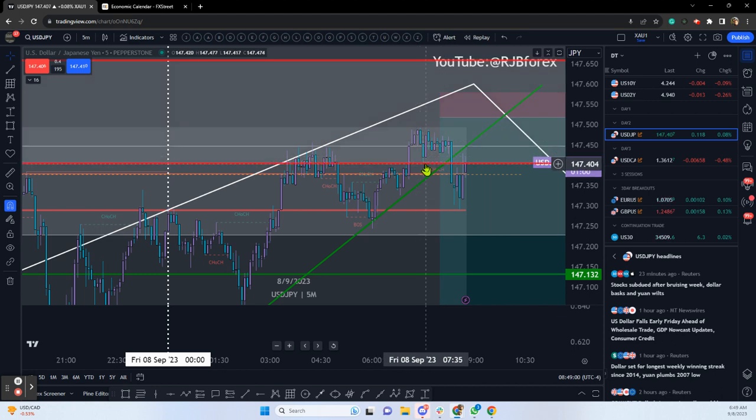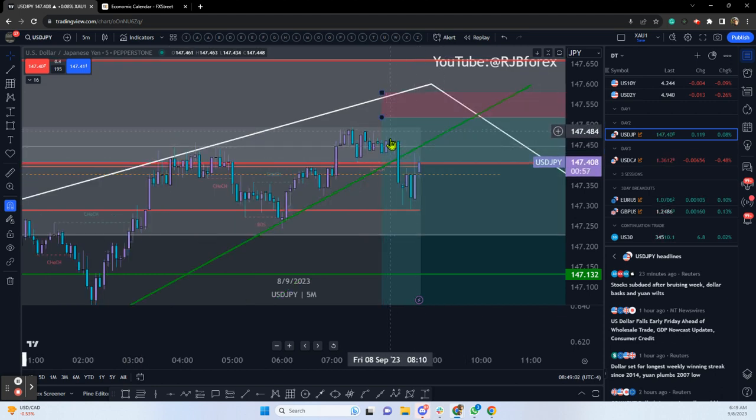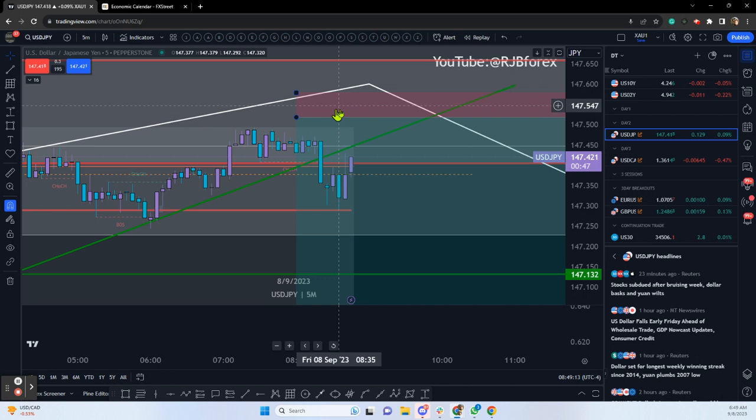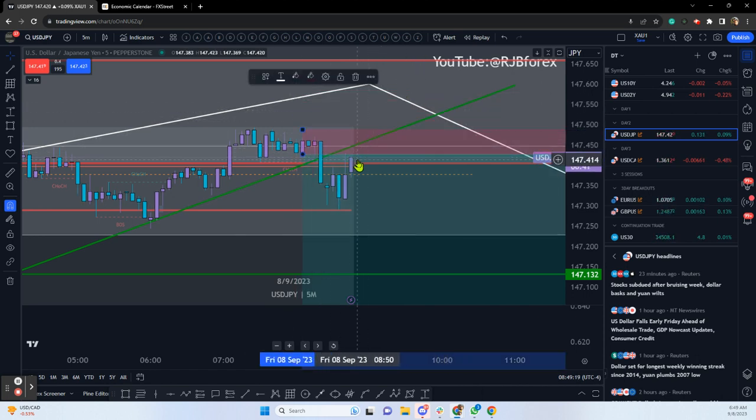Yeah, we've broken structure. We're coming back up into the peak formation on the day, which is up here, and we're looking for shorts. So you can leave a sell limit in this area here. You can sell at market, but what I'd rather wait for is confirmation.